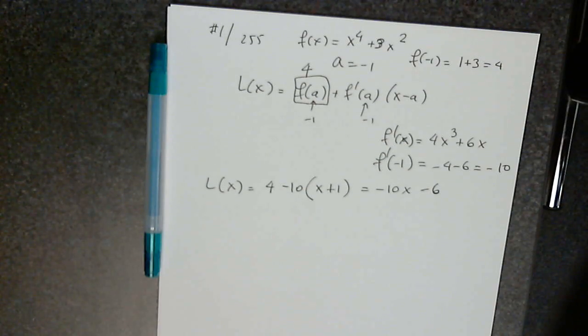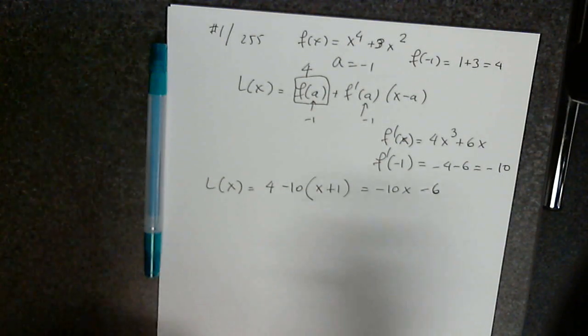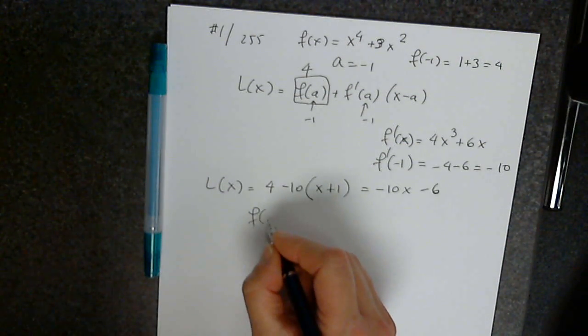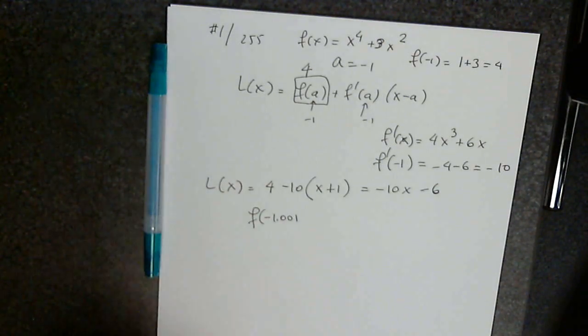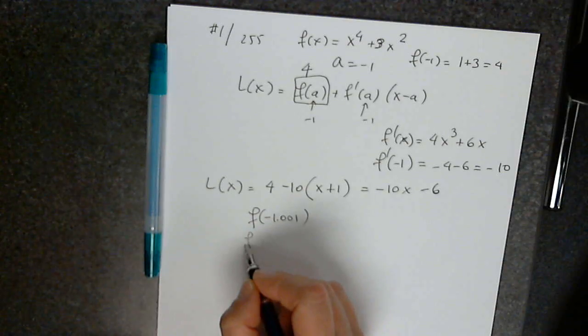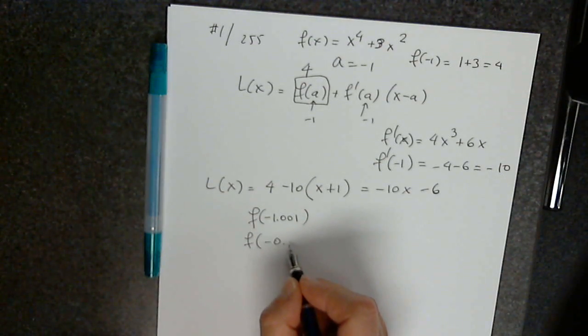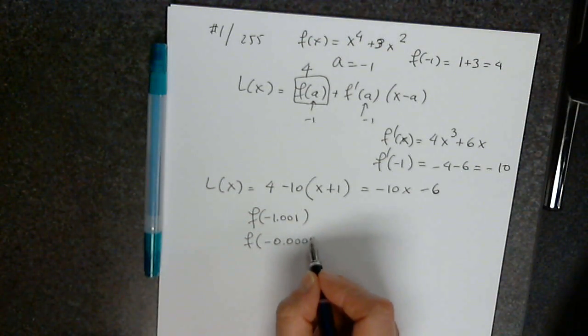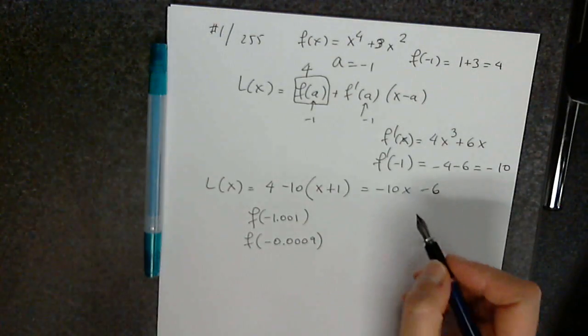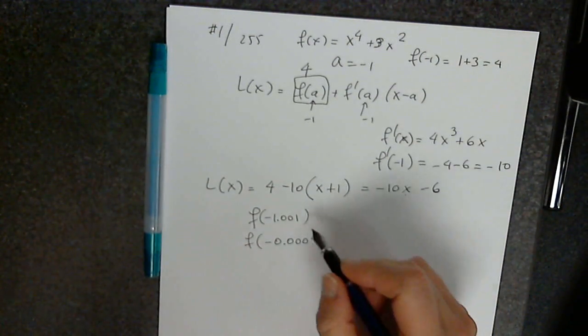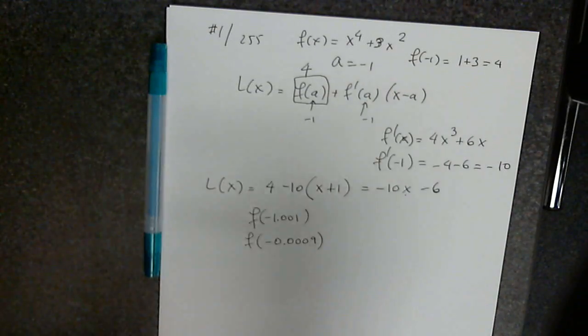If you want to evaluate the function f of x, if you want to find f of -1.001, or you want to find f of -0.0009, don't bother with the function. Use the line. So plug it in here, and you will see it's extremely close to that.